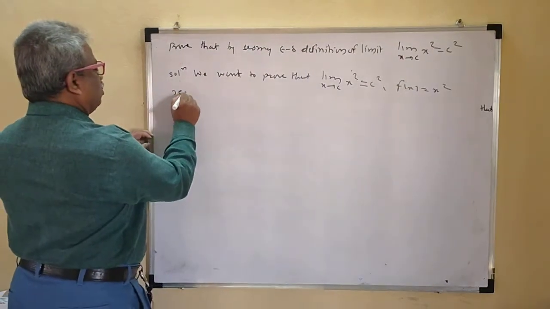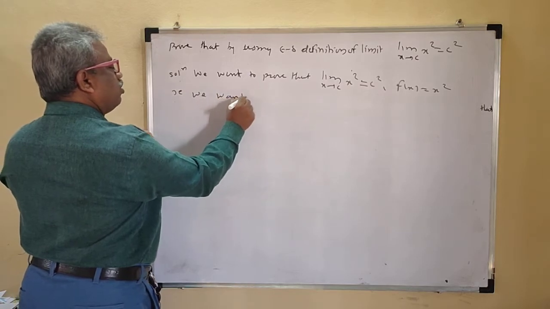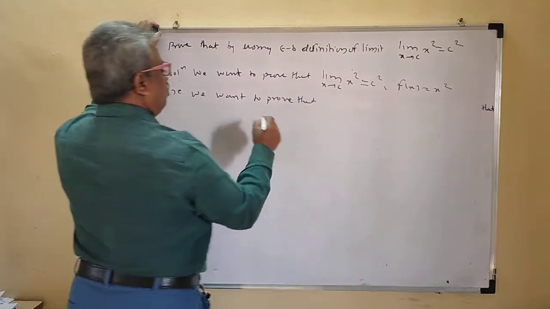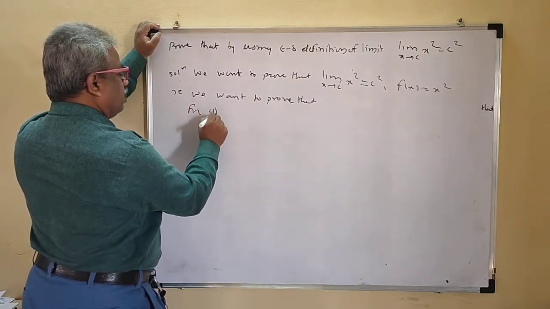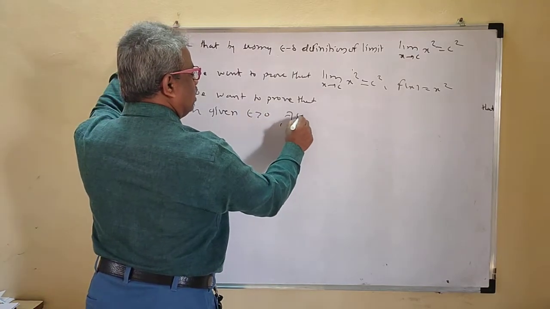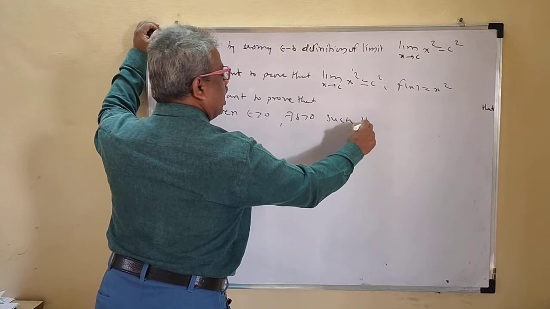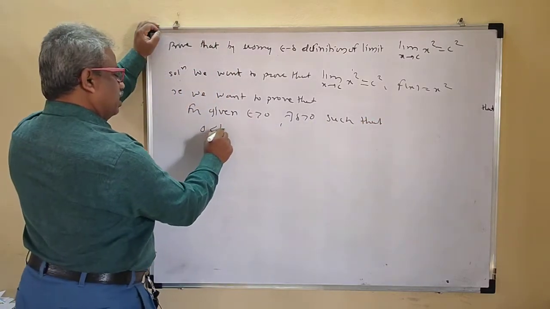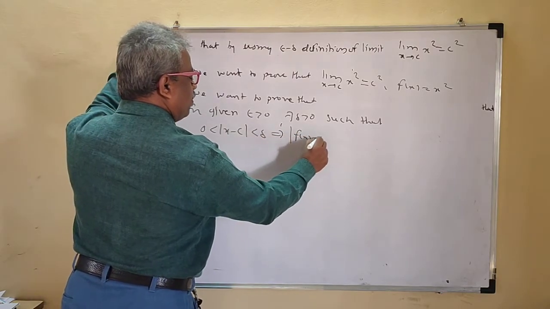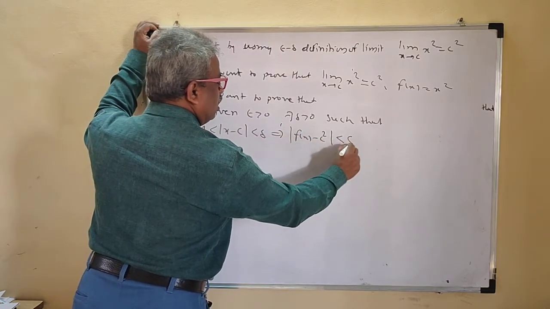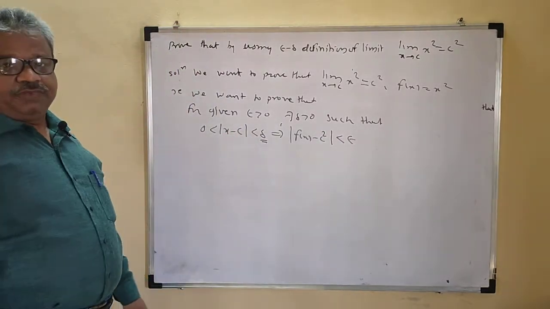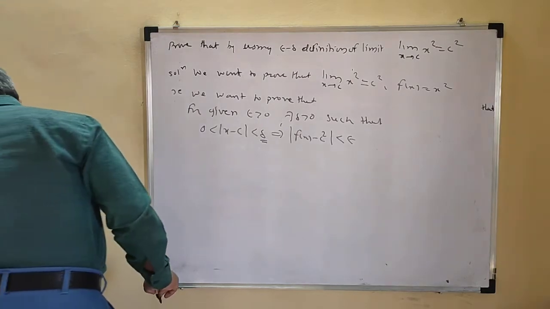We want to prove or show that for given epsilon greater than 0, there exists delta greater than 0 such that 0 less than mod of x minus c less than delta implies that mod of f of x minus c square, the limit, is less than epsilon. So you want to prove that this delta exists.